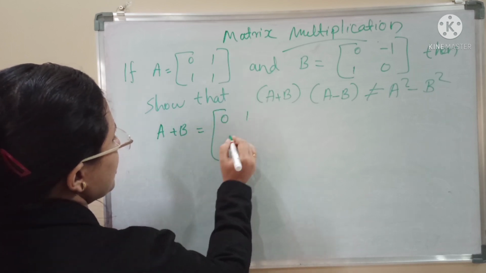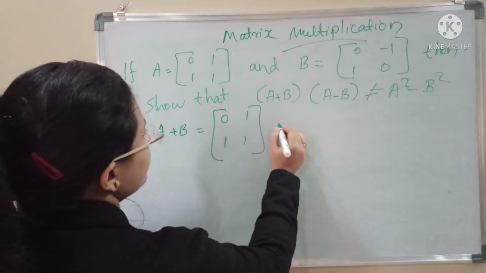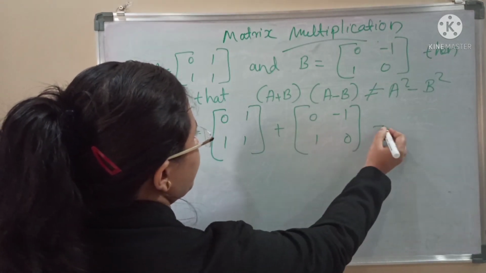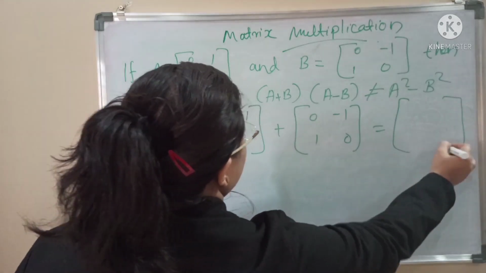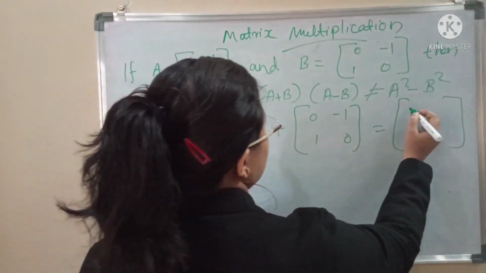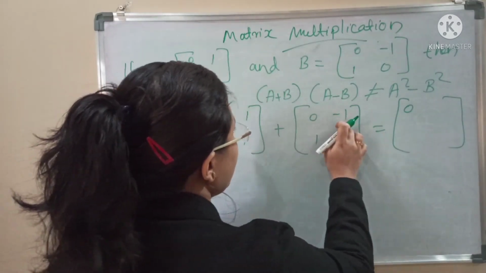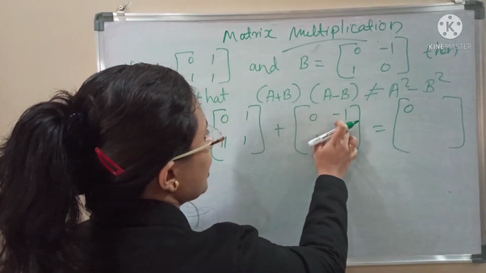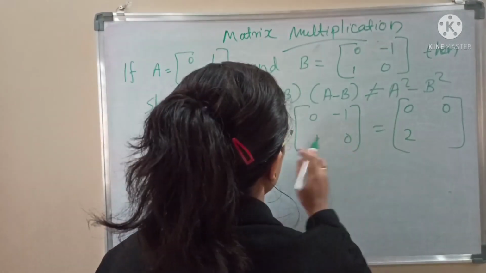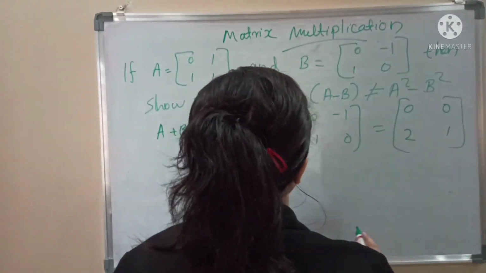A is [0 1; 1 1] plus B is [0 -1; 1 0]. So the answer will be: 0 plus 0 is 0, 1 plus minus 1 is 0, 1 plus 1 is 2, 1 plus 0 is 1.